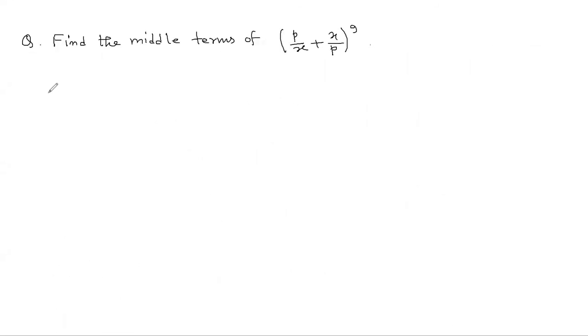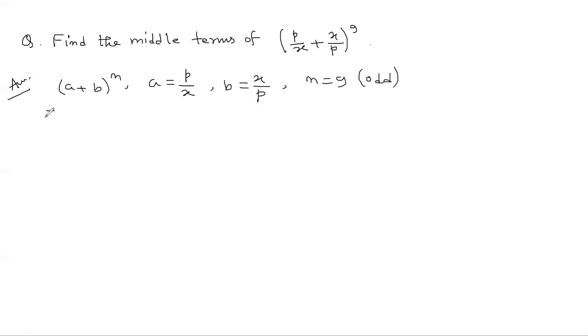Let us try to find the middle terms of this expansion. Now we have already seen the number of middle terms of an expansion depends on the value of n. That means if n is even and if n is odd. So whenever n is odd, so here a plus b power n, our a is p by x, our b is x by p, and n equal to 9, which is odd.